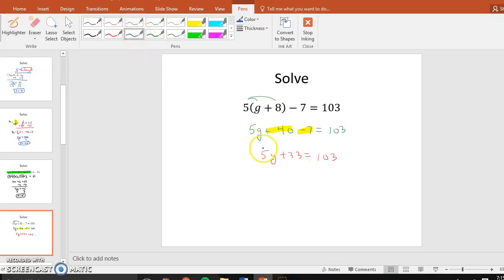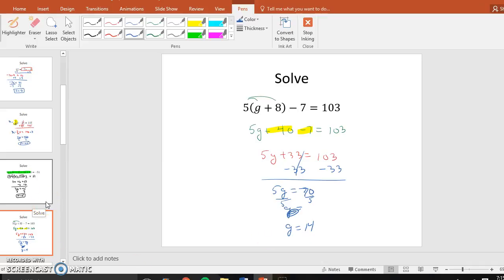And now it's an easy equation to solve. I'm going to subtract 33. 5g is equal to 103 minus 33 is 70. And then when I divide by 5, 70 divided by 5 gives you g is equal to 14.